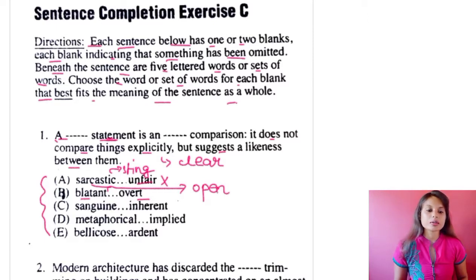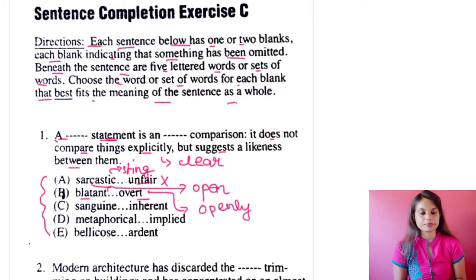It is quite open enough for everyone to see or hear. And what is the meaning of overt? Overt means once again the same thing, just like blatant. It means undisguised or unconcealed, something which is shown openly. I'm writing the easiest one, that is open or openly.